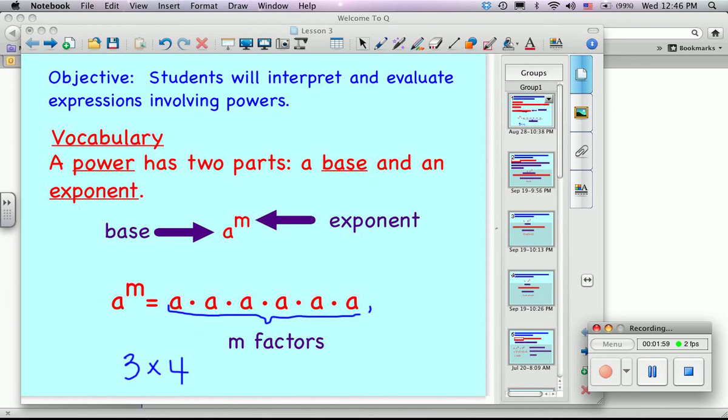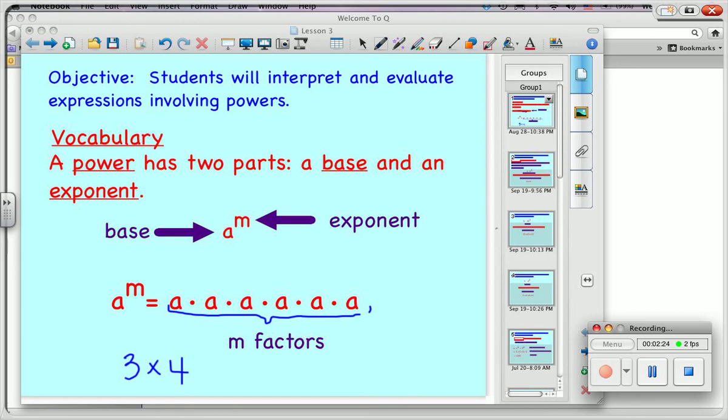So 3 times 4, well, what is multiplication? It's the same thing as exponents now here. It's repeated addition. So exponents, repeated multiplication. Multiplication, repeated addition. So let's look at what I mean here. When I say 3 times 4, what I mean is we're going to add the number 3 4 times.